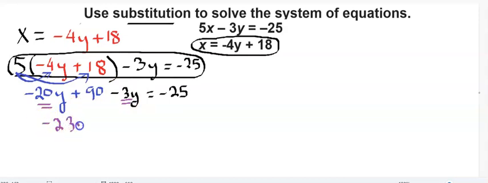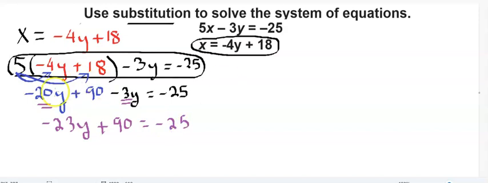Again, negative 20y minus 3y is negative 23y. Bring down the 90. The left side of the equation still has a 90 after you combine like terms, equal negative 25.